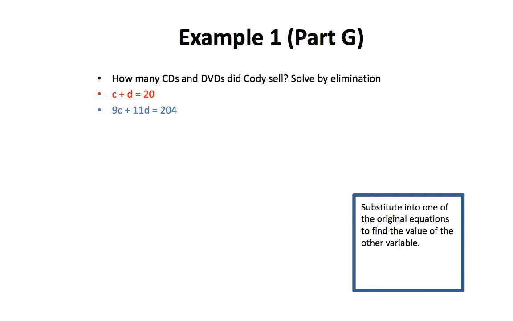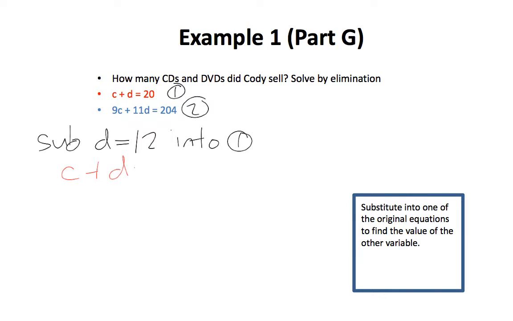We need to decide if we're going to sub D is equal to 12 into equation 1 or equation 2. I'm going to sub D is equal to 12 into equation 1, just because it's a little bit easier to work with. Equation 1 is C plus D is equal to 20.